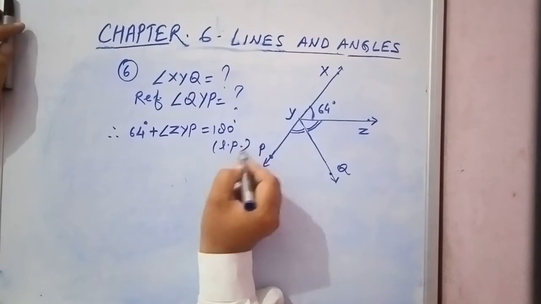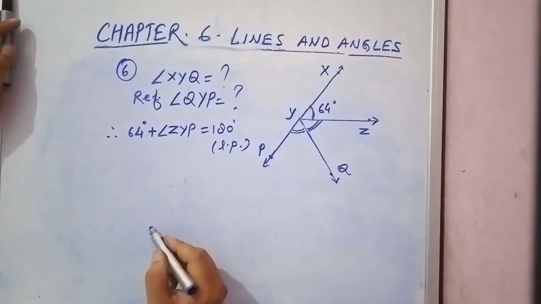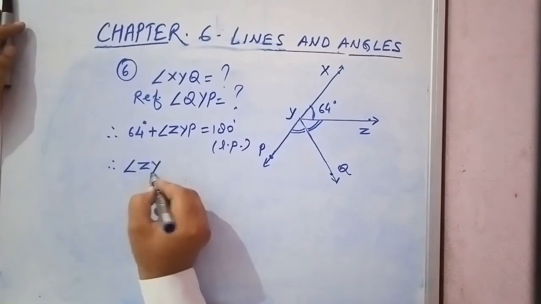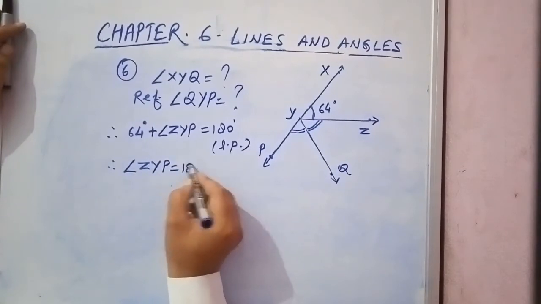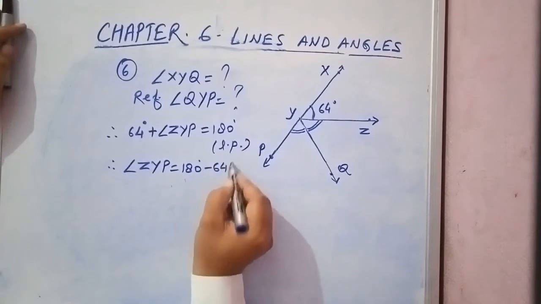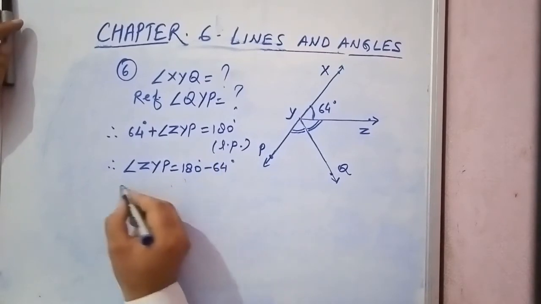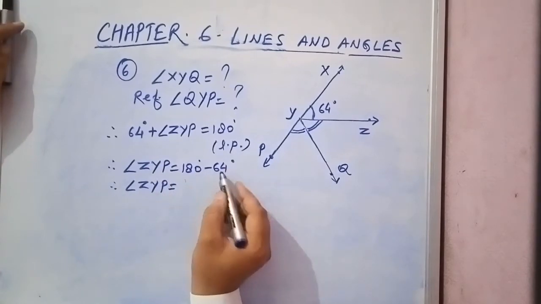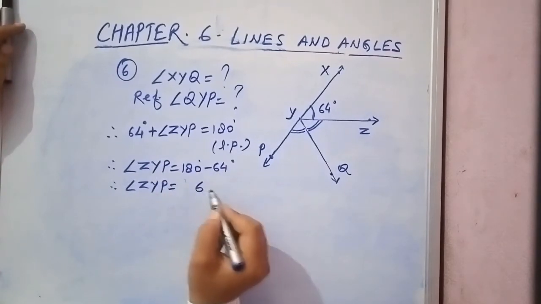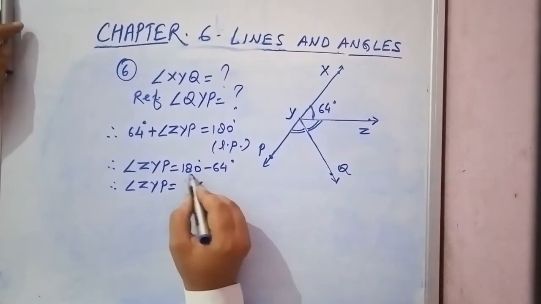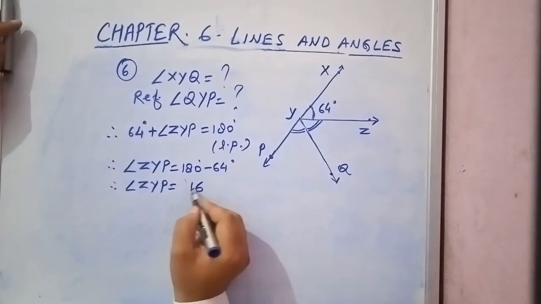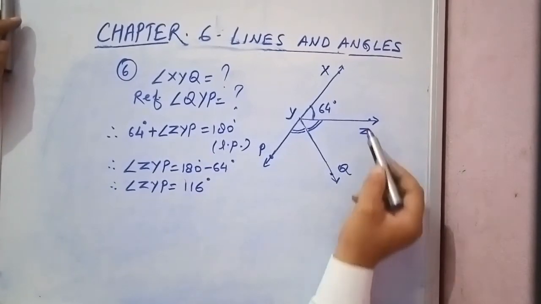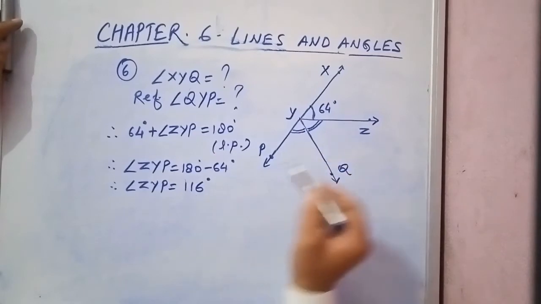So angle ZYP equals 180 minus 64, that is 116 degrees.